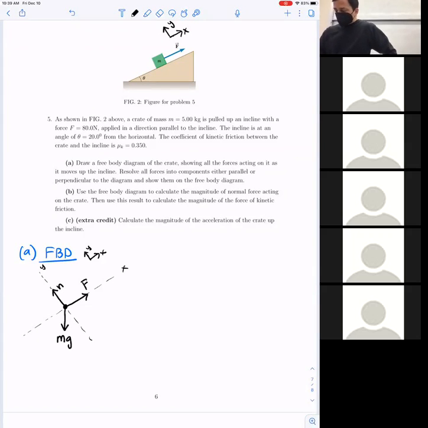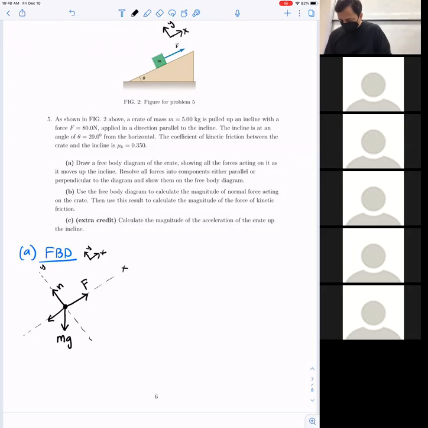And then we are also told that as this crate slides up, there is a force of kinetic friction between here and here. Well, the force of kinetic friction is always opposing the motion. It's always going in the opposite direction of the displacement, which means that your force of kinetic friction will be downwards since the crate is being pulled upwards, as we're told in the problem.